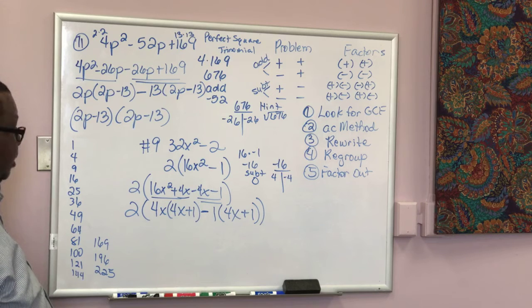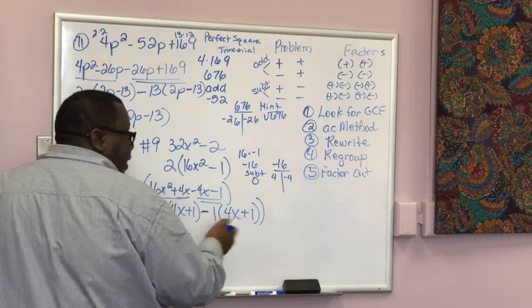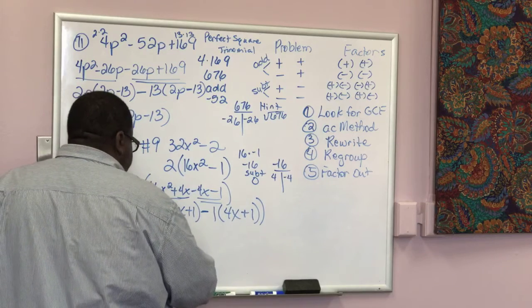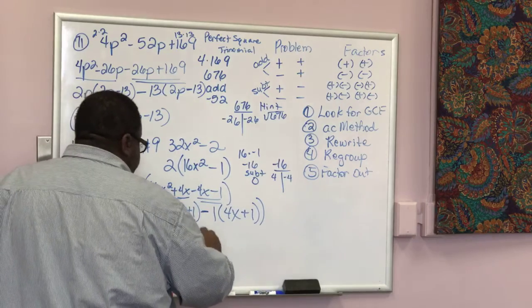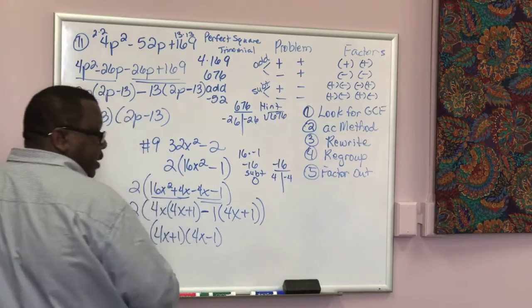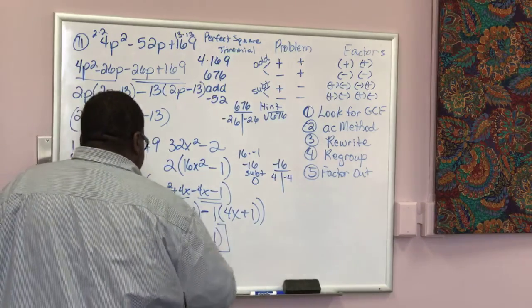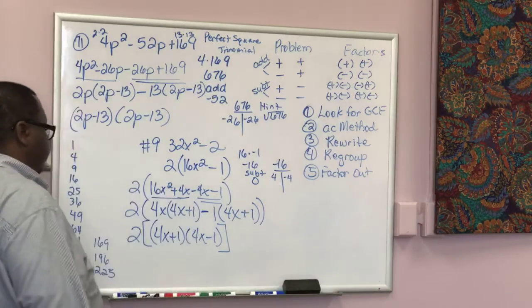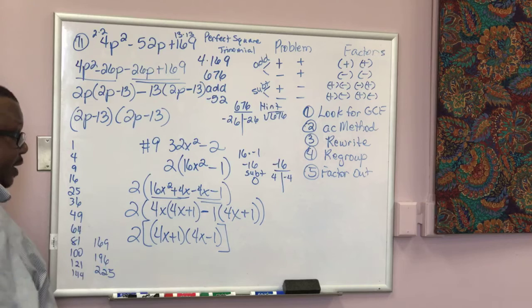Okay? And now it says these two are the same. You can bring that down first. What's left over goes in the other part of your answer. And then in the end, we're going to do brackets. And then put the 2 on the outside. Okay? And that's your final answer. That's when you use the brackets.